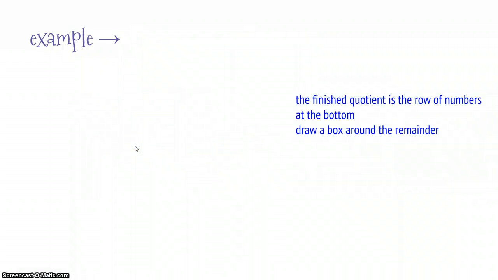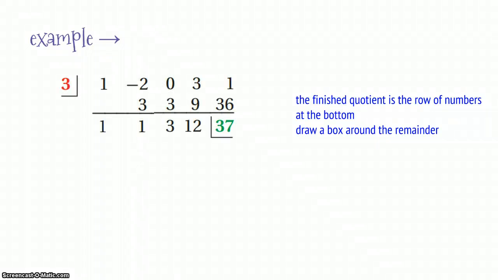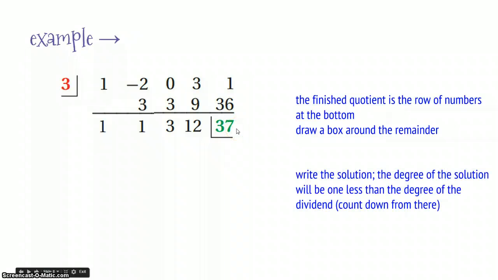The finished quotient is the row of numbers at the bottom, and we always draw a box around the remainder to kind of set it aside. So that 1, 1, 3, 12 that we saw is going to write the quotient for us. That 37 is going to act as our remainder. The degree of our solution will always be 1 less.